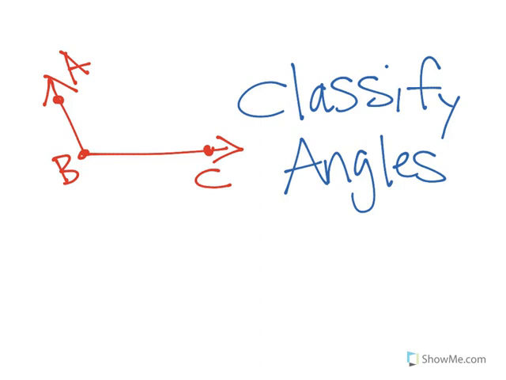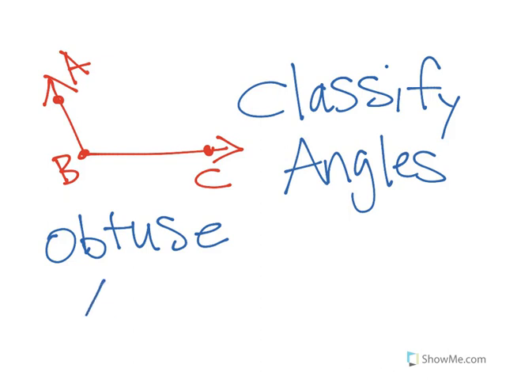So now we're going to classify angles. Number one, I'm going to look at the angle. I can tell that it is larger than 90 degrees, so it is obtuse. Secondly, I'm going to name the angle, and I can say this is angle, and I do that by writing this little symbol, and I put the letters A, B, C. So it is angle ABC.